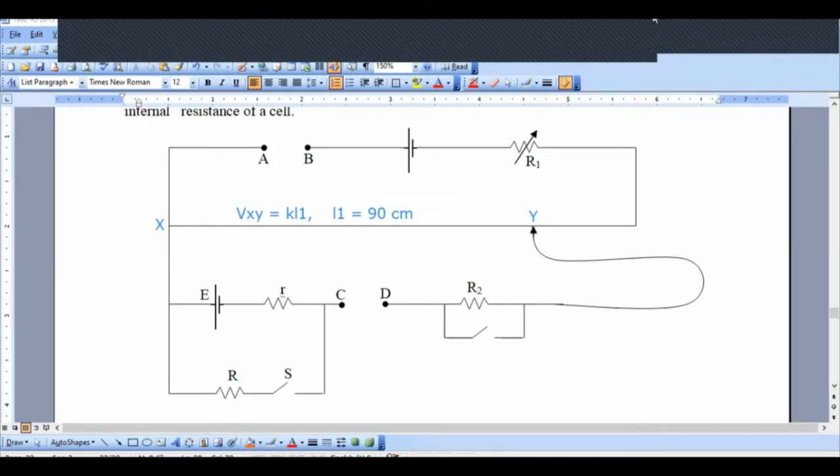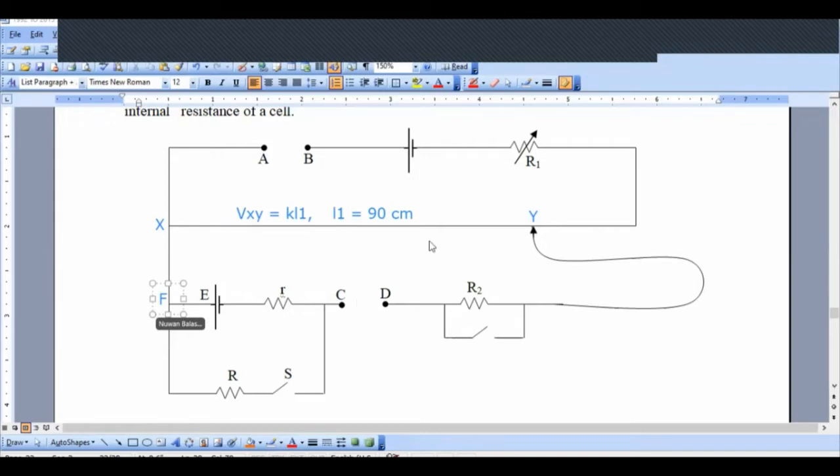Wait, I would like to mark some other points like this. This is CD, and let me mark something like F. Right. Look at the board.